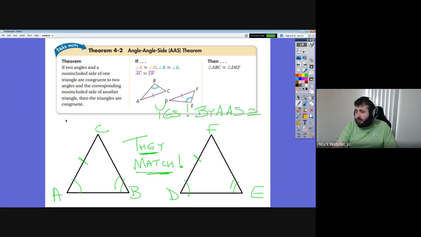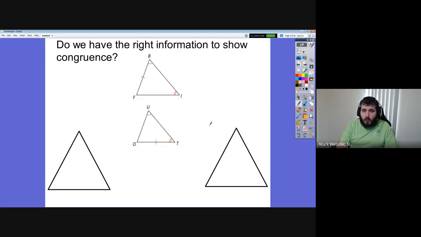So let's go through and talk about angle, angle, side. Do we have the right information to show congruence? Another way to ask this question is, do they match?